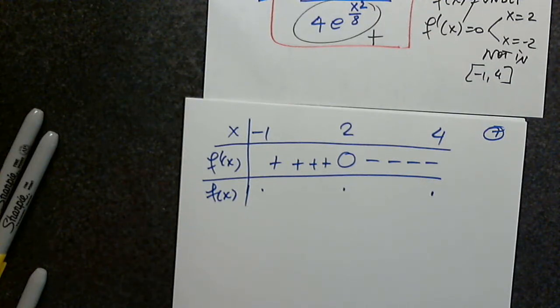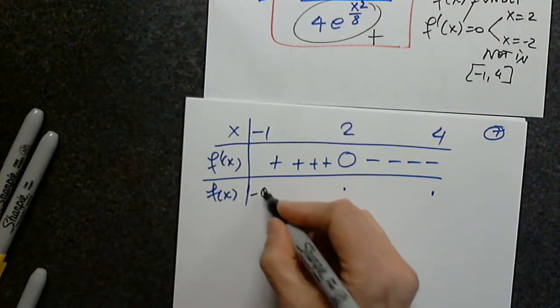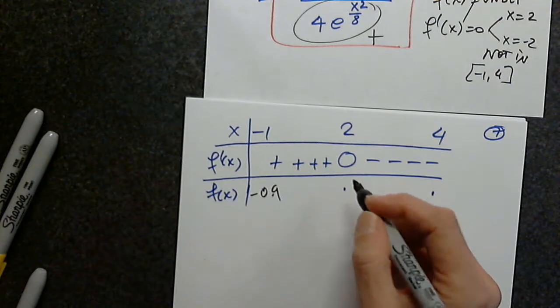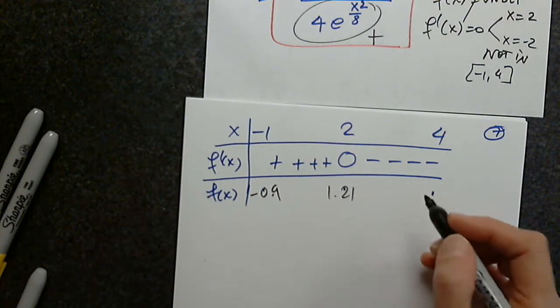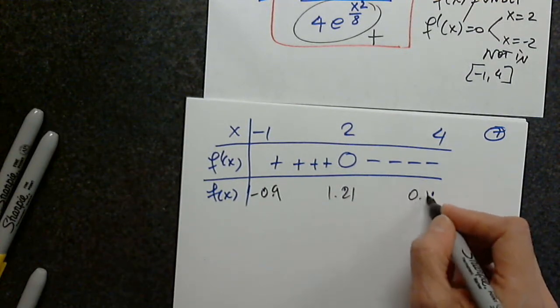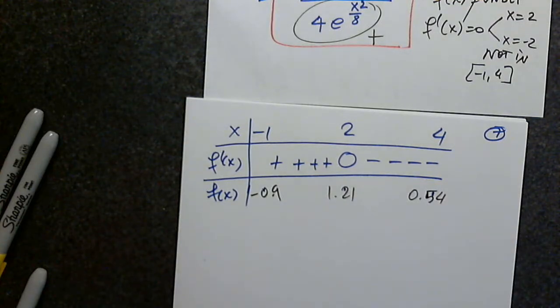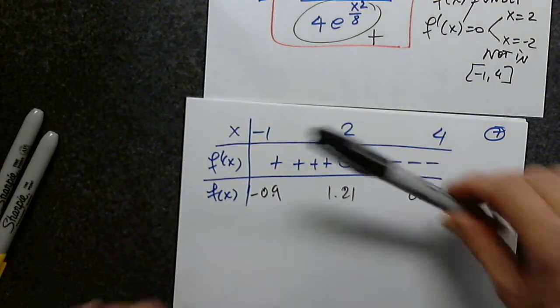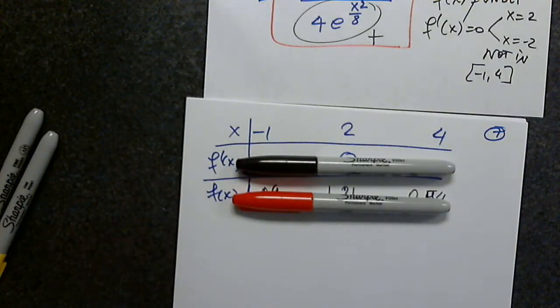And I want negative 1, 2, and 4. And I got negative 0.9 approximately. At 2, I got 1.21. And I got 0.54. Now the moment of truth. This is when I find my mistakes and see what's happening here.